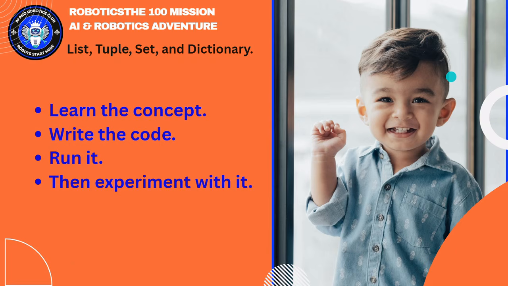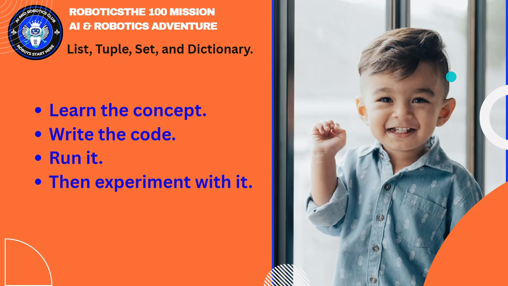So, there are four fundamental Python data types: list, tuple, set, and dictionary. You don't need to memorize everything right now. The important thing is to understand why we use them.